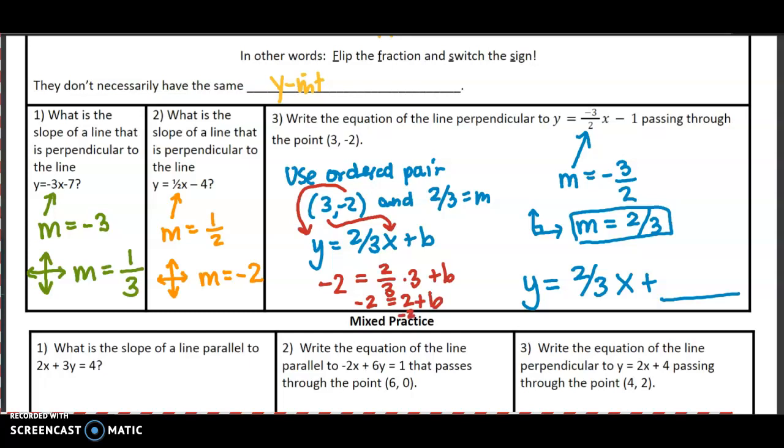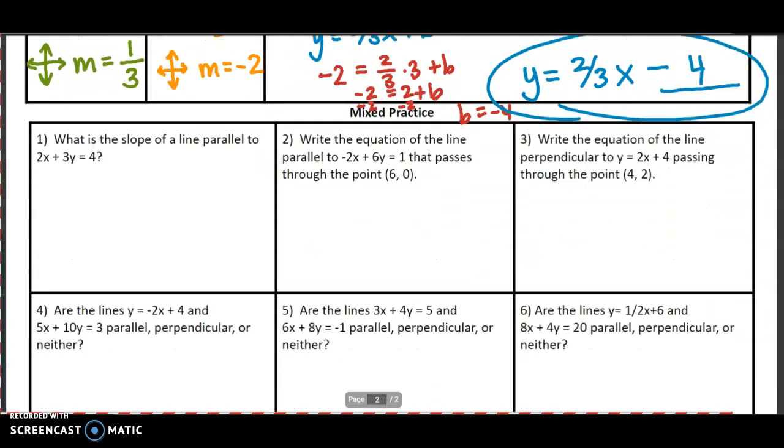Subtract 2 from both sides, and you get b is negative 4. So that's what's going to go over in the rest of the problem. So y equals 2/3 x minus 4, or you could put plus negative 4. So I'm going to doctor it up and put minus 4.